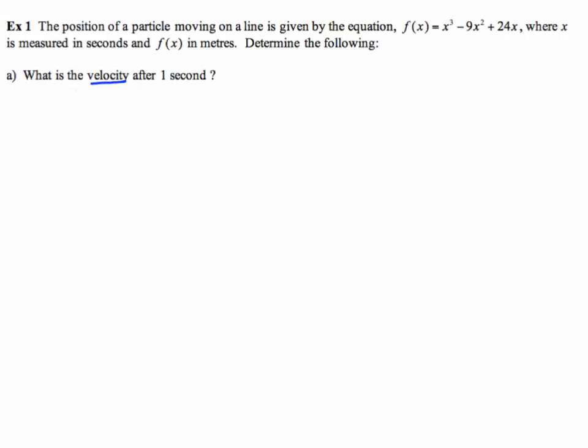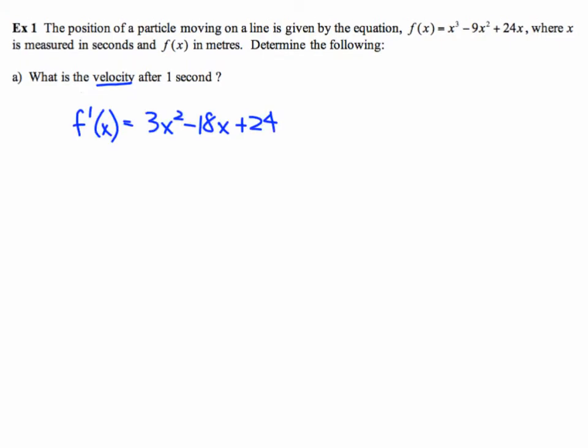So here we have an example. It says the position of a particle moving on a line is given by this equation, where time is measured in seconds and f of x is in meters. Determine the velocity after 1 second. If I'm going to determine the velocity, I need to take the derivative of f of x, and we get f prime of x equals 3x squared minus 18x plus 24.